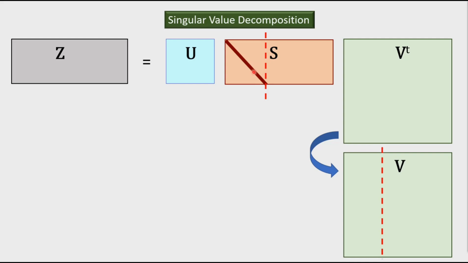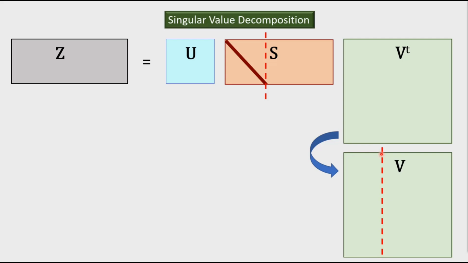But in either case, we can partition this S matrix, or truncate as it's sometimes called, at the point where singular values either become 0 or simply run out. At this same point in the V matrix, we can also partition. So if we have 50 elements here, we will have 50 columns here.